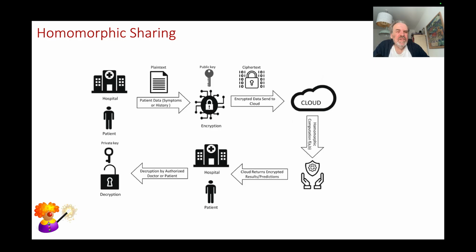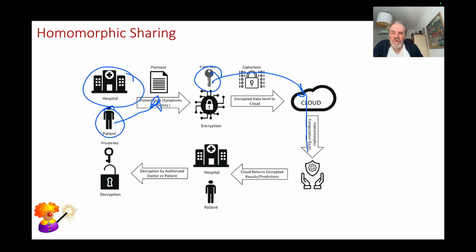Let's look at some examples of where homomorphic encryption might be used. In this case, we have a hospital and a patient. We encrypt the patient's details using the public key, send them into the cloud, homomorphically compute something, and then send it back to the hospital, and then the doctor can use the private key to decrypt.